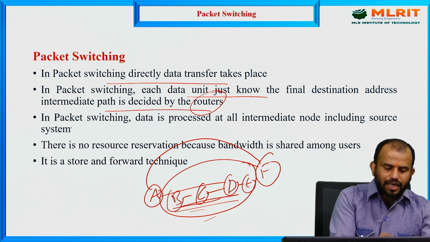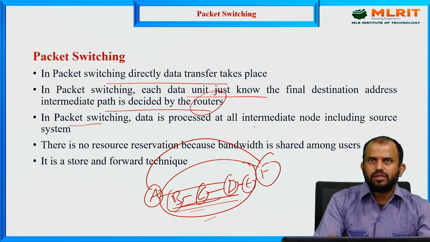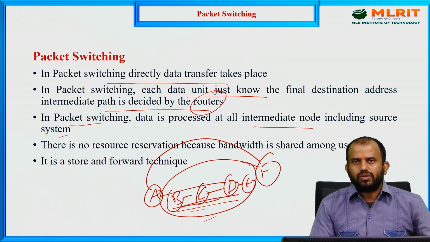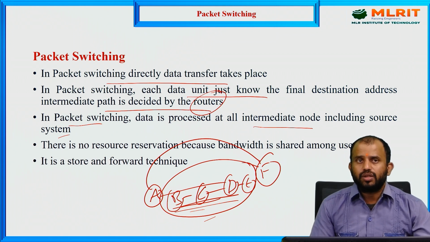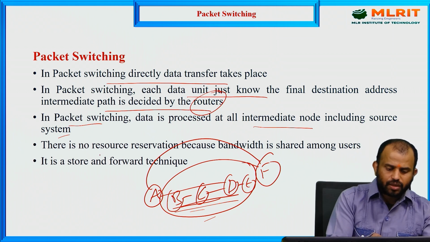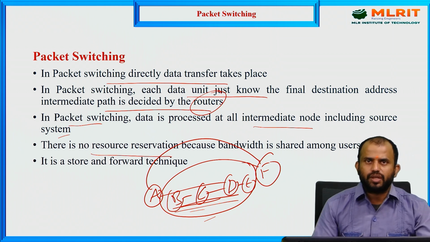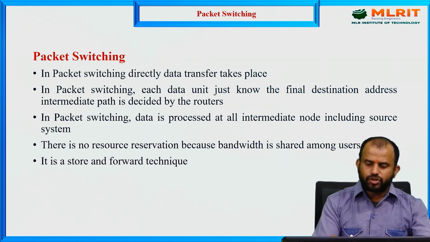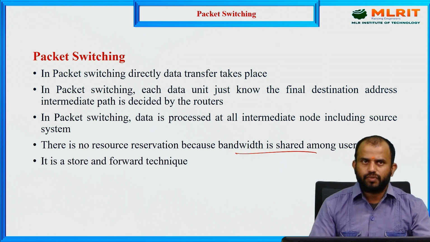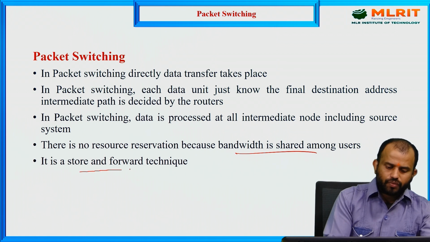In packet switching, data is processed at all the intermediate nodes, including the source system, and that is variable, whereas previously it was fixed. And here no resource reservation is required, because the bandwidth is shared among the users, so there is no chance of resource reservation, and it is a store and forward mechanism.